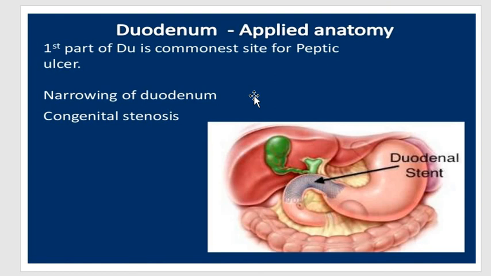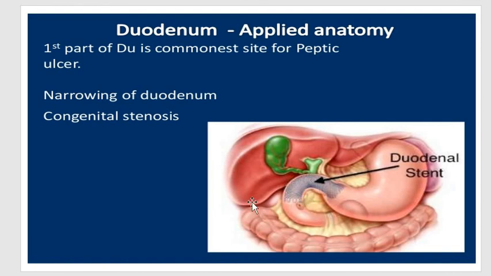Another thing about the duodenum is that sometimes there is a congenital stenosis, which is generally common in the second part of the duodenum, and obstruction of the second part can occur. Why does it happen there? What is the cause of congenital stenosis? Annular pancreas. Sometimes the formation of the pancreas is not complete; there is a failure of fusion of the two buds of the pancreas.